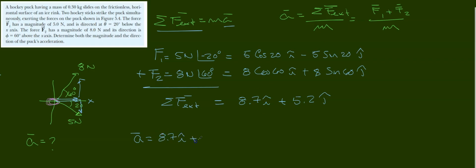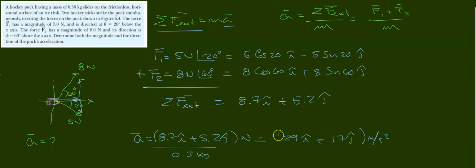To get the acceleration, what we do is divide 8.7 i plus 5.2 j, in newtons, over the mass, 0.3 kilograms. So the final answer is 29 i plus 17 j meters per square second. So this looks like 29 and 17.